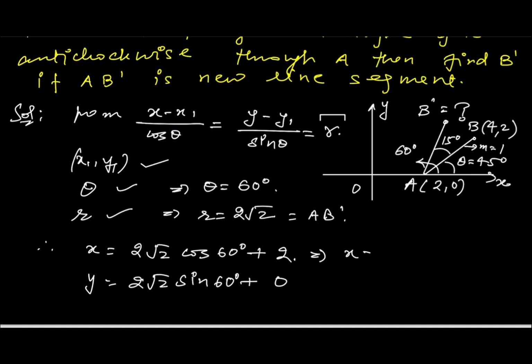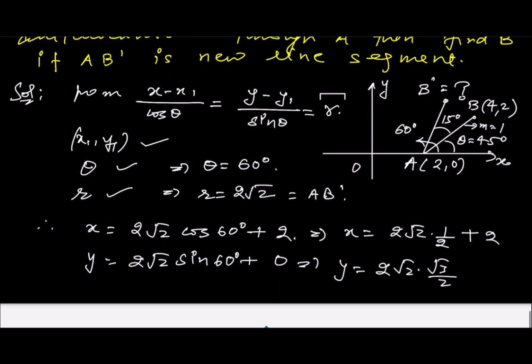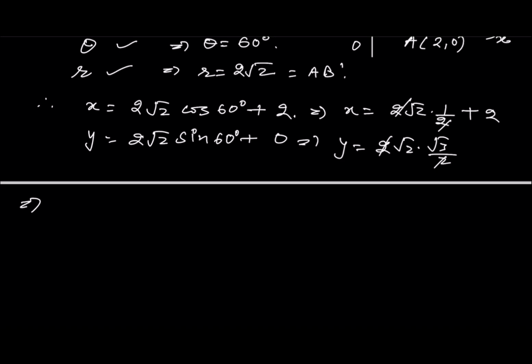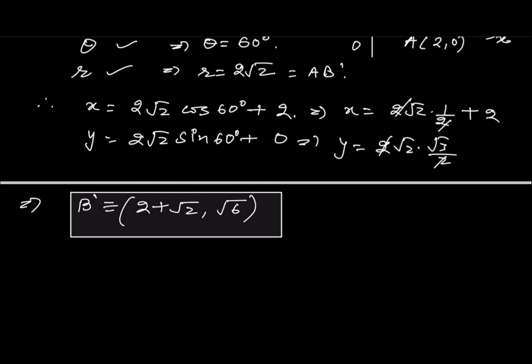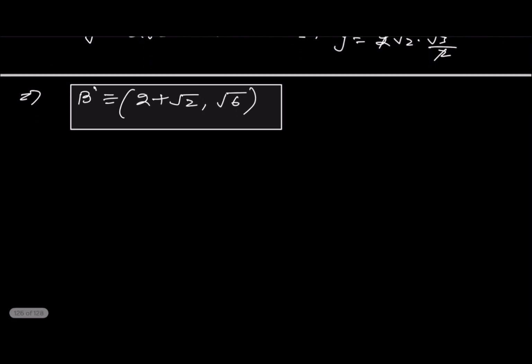So x is equal to 2 root 2 into 1 by 2 plus 2 and y is equal to 2 root 2 into root 3 by 2 plus 0. So B dash is 2 plus root 2 comma root 6. This is the required answer. Okay. Now note one point.